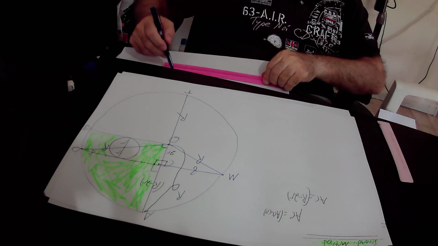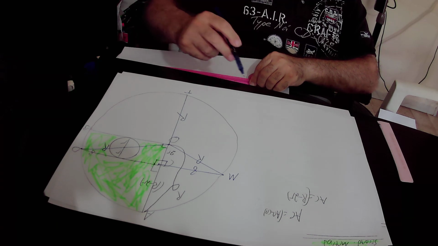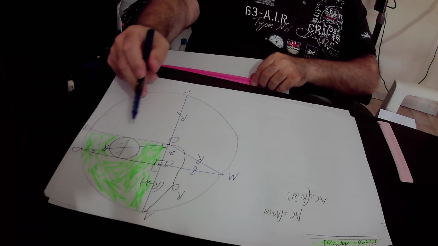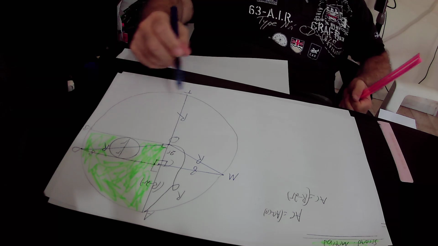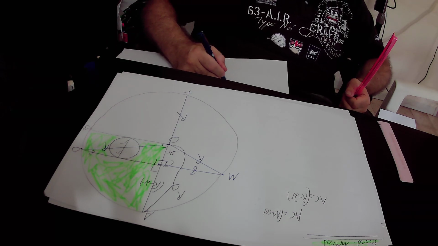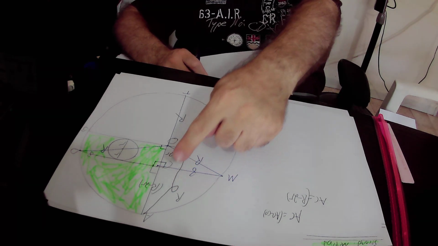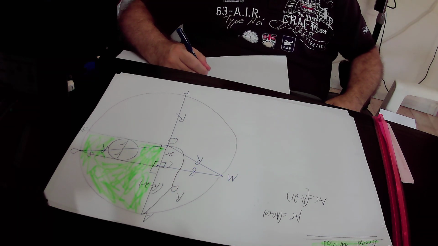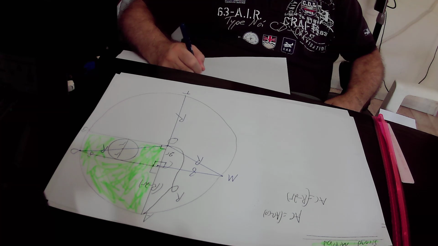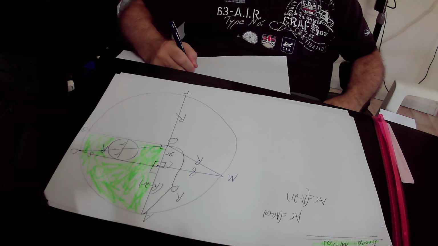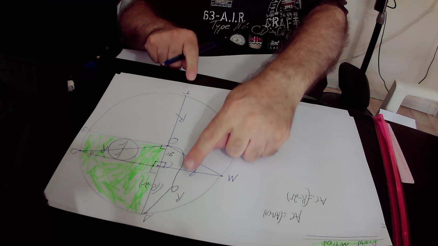MC is 8, CD is 8, so MC times CD is 8 times 8 is 64, and it is equal to AC. AC equals to capital R minus 2R, times CT. What is the value of CT?